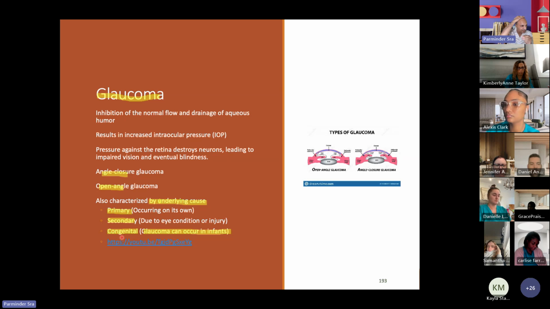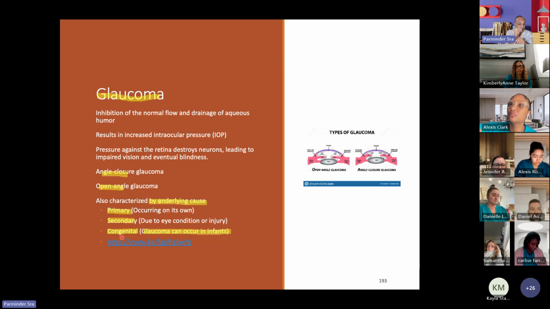If it's in the brain, it's called intracranial pressure, but in the eye, it's called intraocular pressure, right? Normal is between 12 to 22 mmHg. So if it's higher than that, that's increased intraocular pressure.